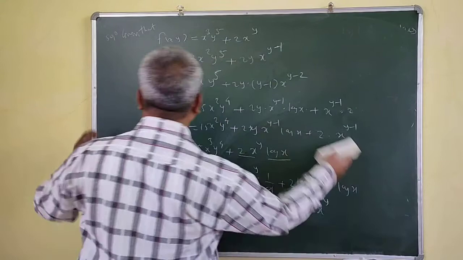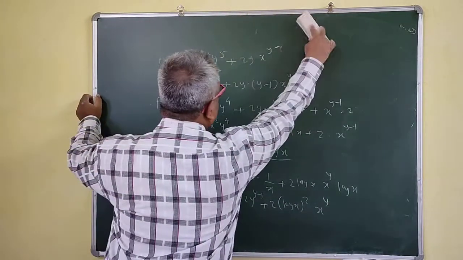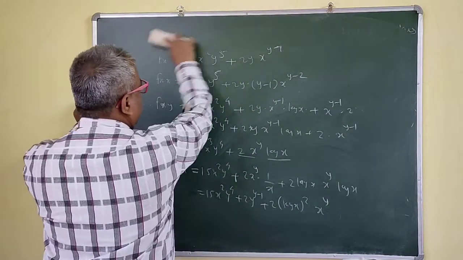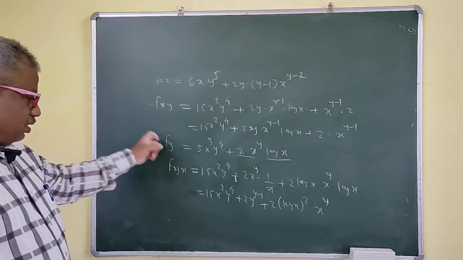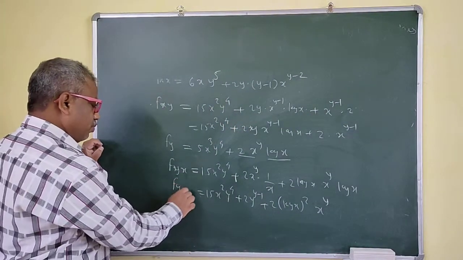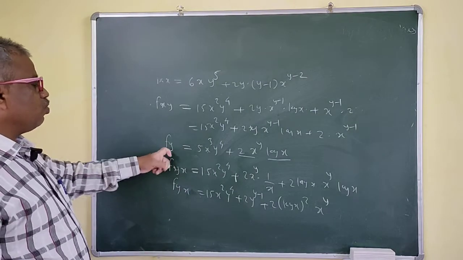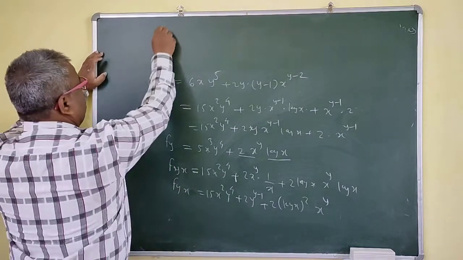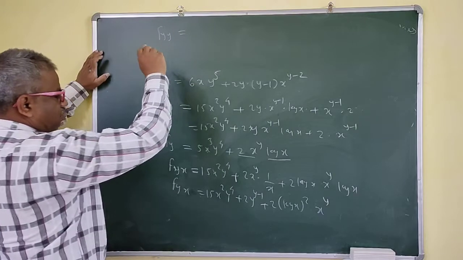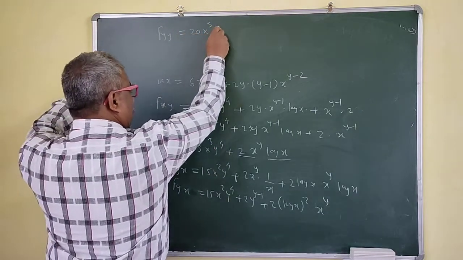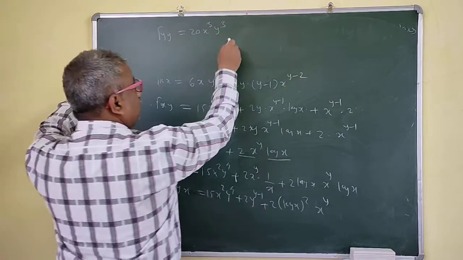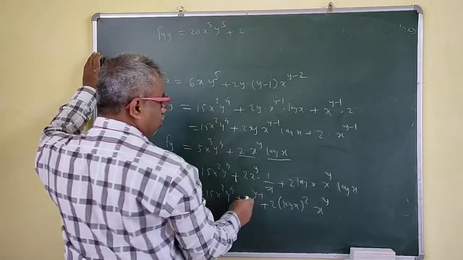So now we'll differentiate this. This is your f_y. We'll differentiate this with respect to y now. So f_yy. That is very easy. f_yy. So this is 20 x cube y cube plus 2 plus 2.